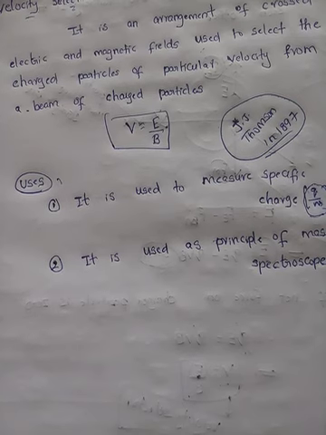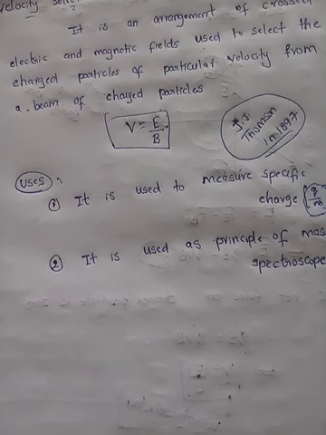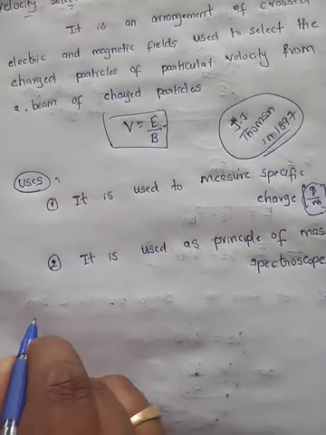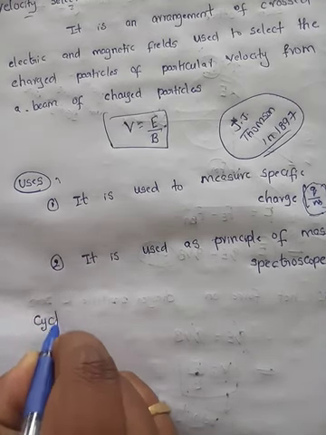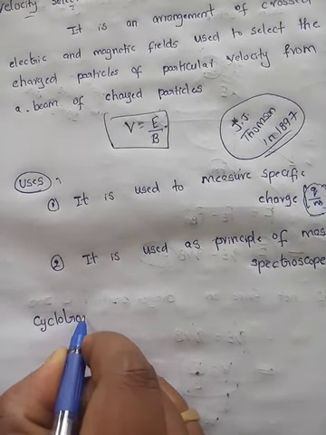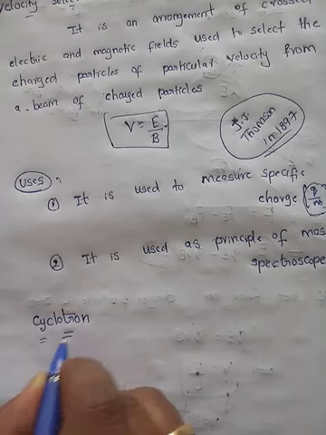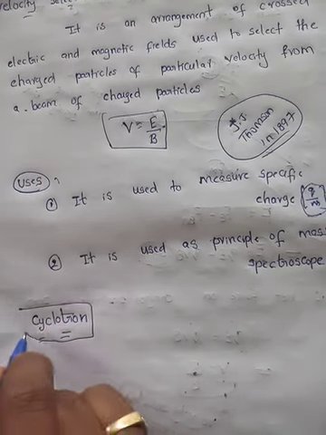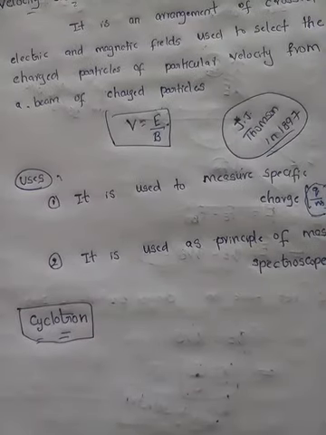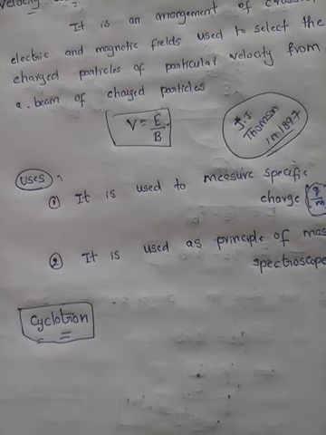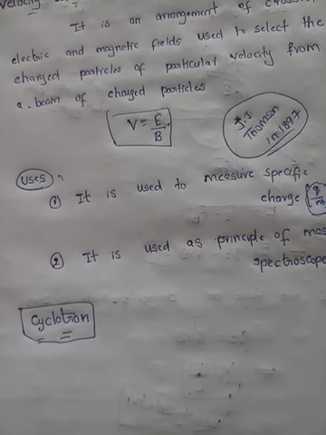So the principle of electric field and magnetic field has been very well used in one device, called the cyclotron. The application of what we studied till now, we are going to apply in a device called the cyclotron.